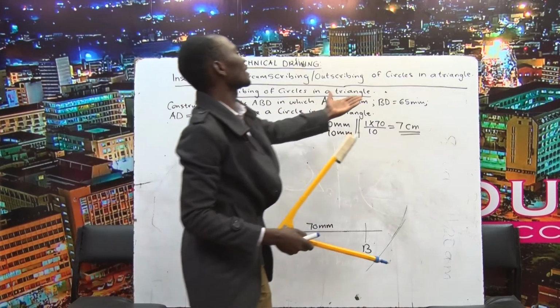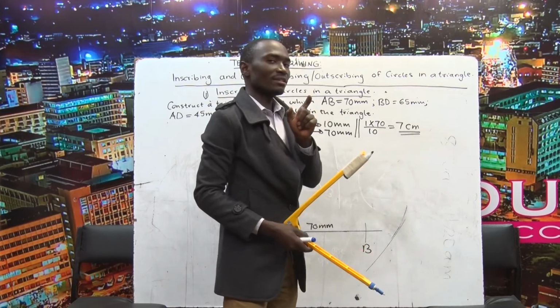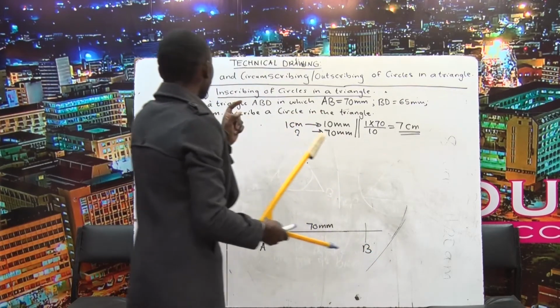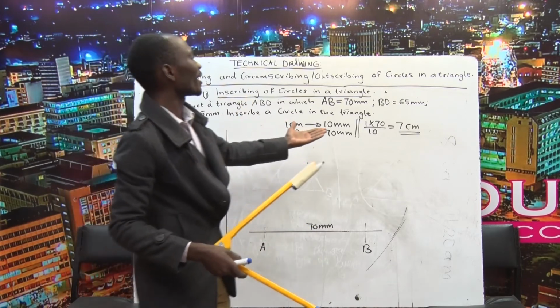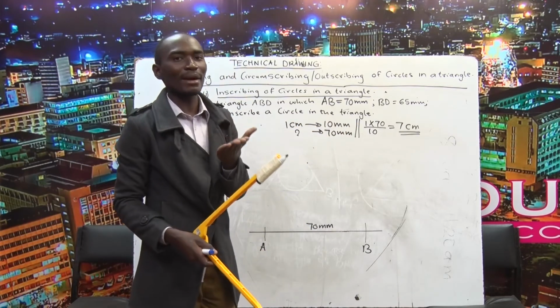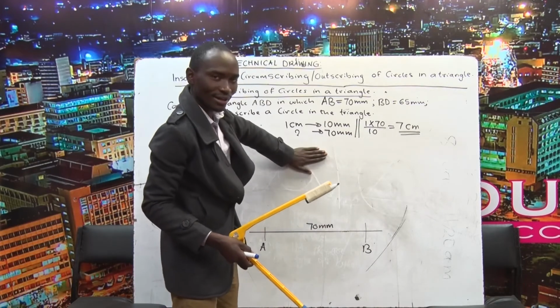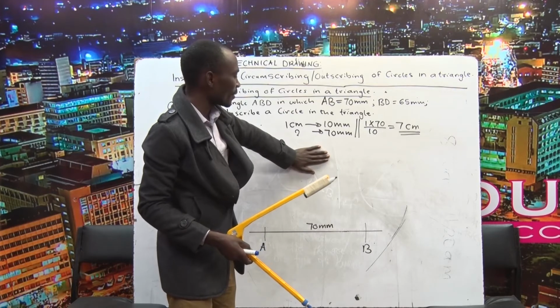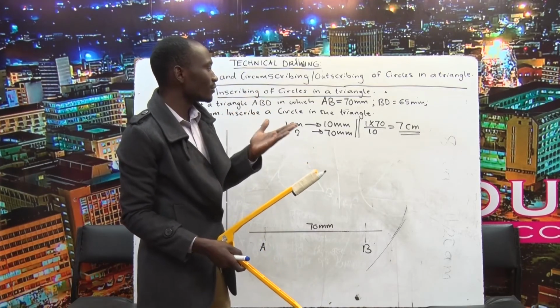Again, I've been told BD is 65 millimeters. So where is my B and where is my D? Your D is somewhere here, but you don't know exactly where it is located. So what do you need to do?